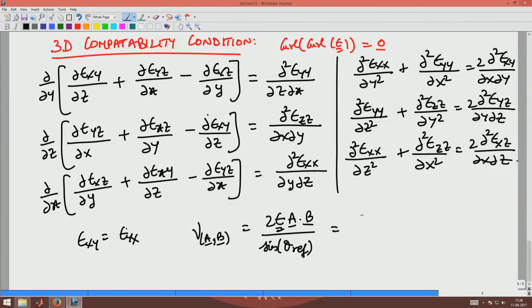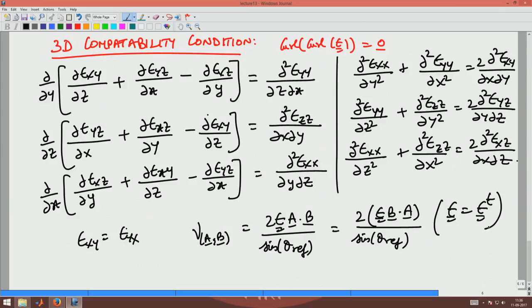From the definition of transpose, this is the same as 2 times ε B·A divided by sine of θref. So, it does not matter with what vector you prefix the epsilon, because ε equals ε transpose by the way we have defined ε.